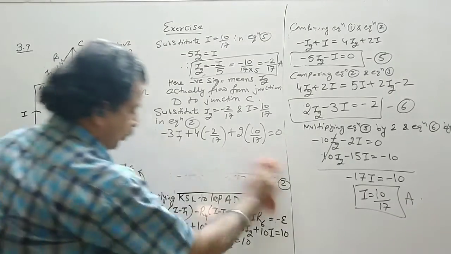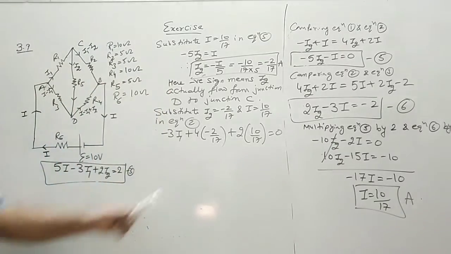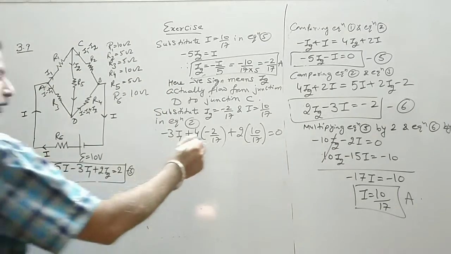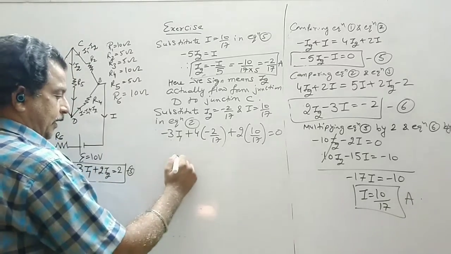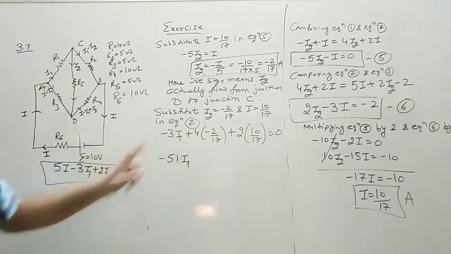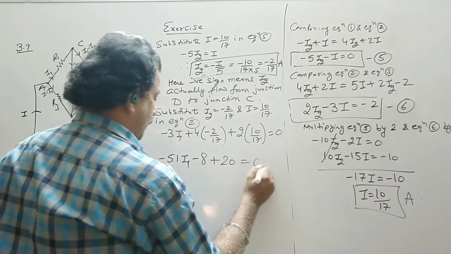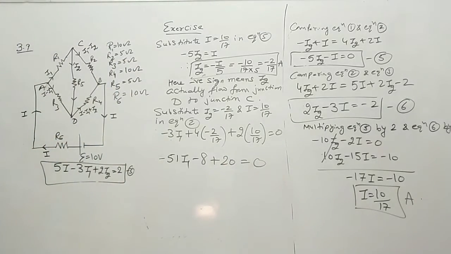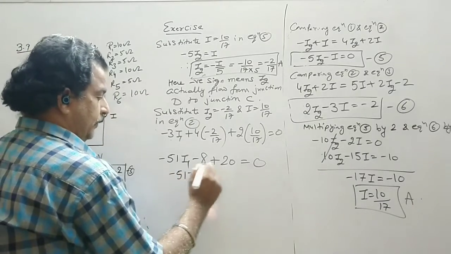So this is the calculation for I1. So 17 can be taken as LCM. So 17 threes are 51, minus 51I1 minus 8 plus 20 is equal to 0. So this is equal to minus 51I1.